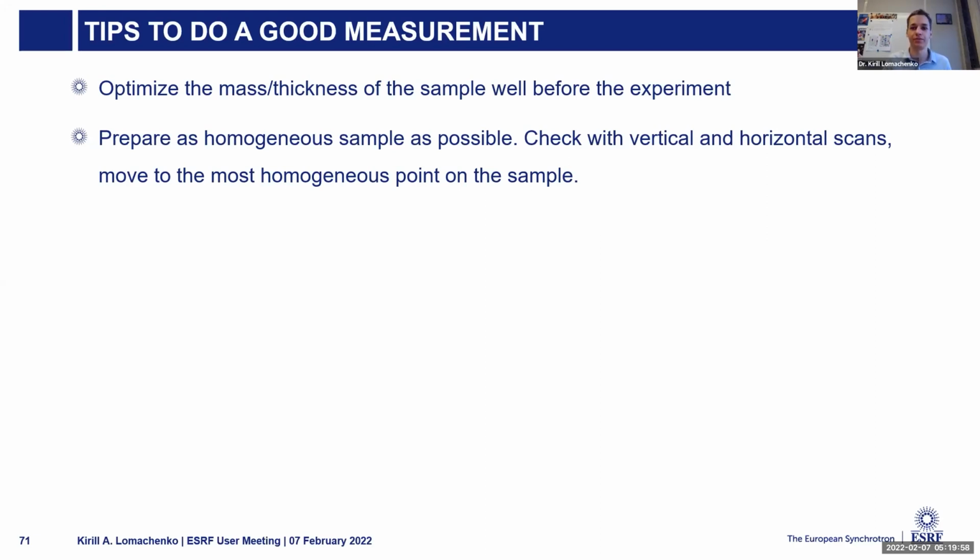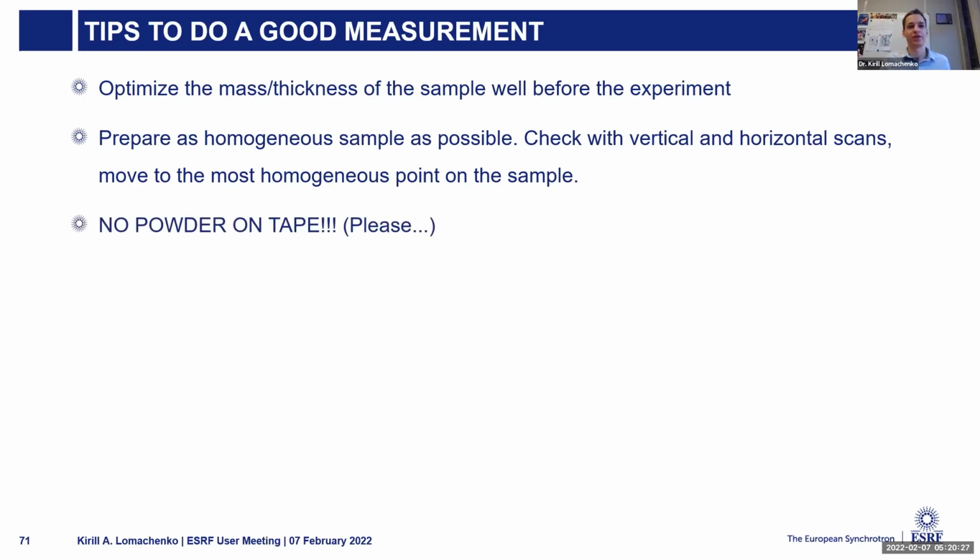So if the beamline has the possibility to do so, you can move the position of the cell in vertical as a function of temperature to compensate for this expansion, or you can use quartz capillaries instead of glass capillaries when you want to go to higher temperature, and so on. Then, yeah, okay, the sample has to be homogeneous.